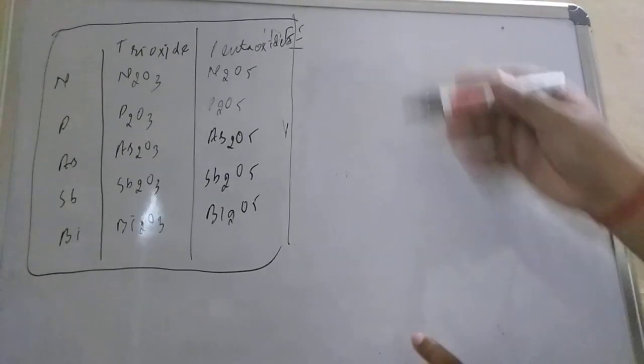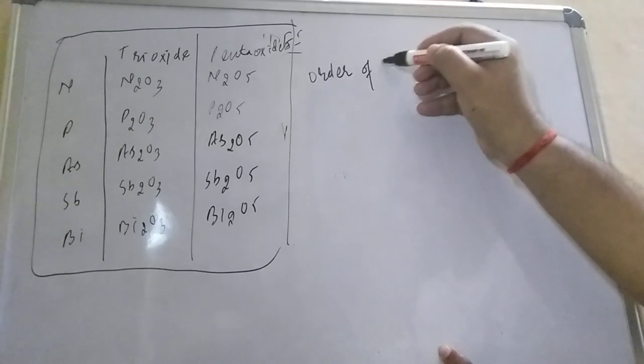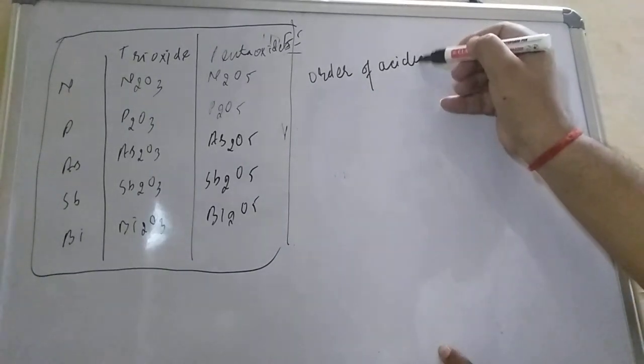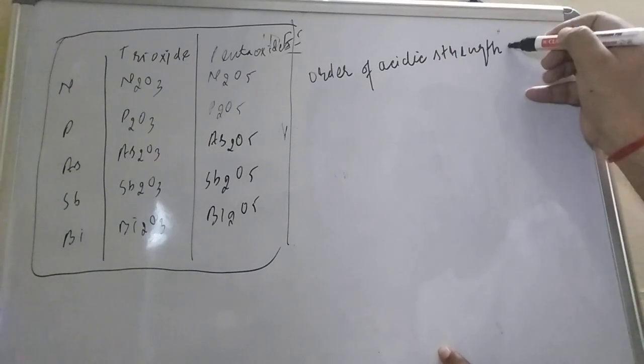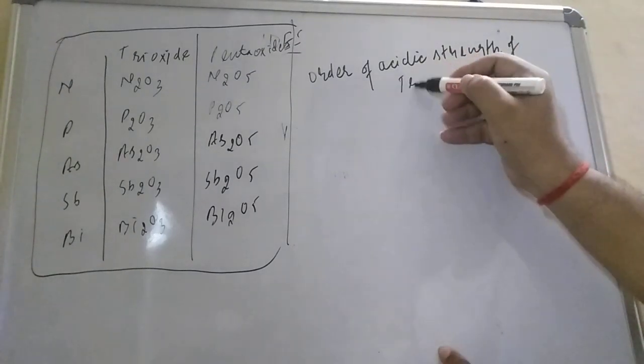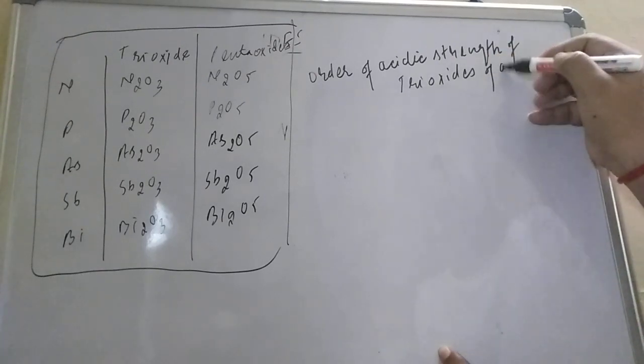So here I am writing the order of acidic strength of trioxides of group 15.